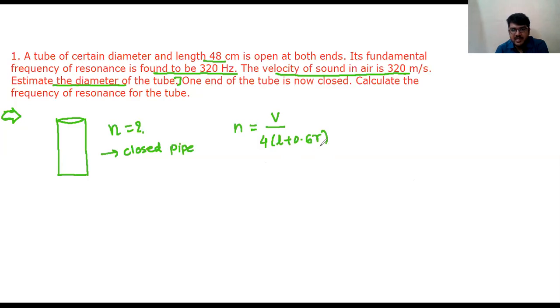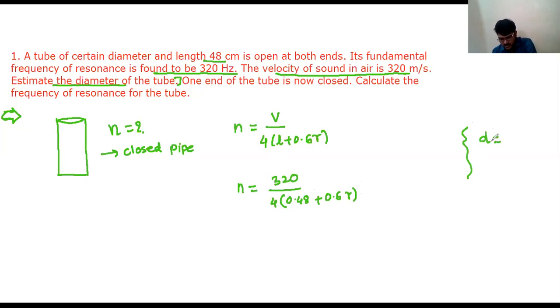So from this, if you find R, you will get it like this. n is equal to 320 divided by 4 into length, and the length is the same, 0.48, plus 0.6 into this R. Now you see, the diameter we already got. Diameter is equal to how much we got here?